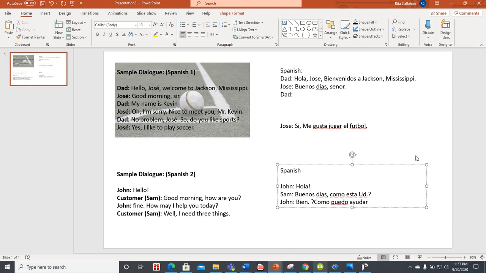I remember that when I have two verbs together, the first verb is conjugated and the second verb stays in the infinitive form. So I'm going to leave that in the infinitive form. And you will be right. May I help you? So the customer, since I used usted, I'm going to say usted. And then I remember that today means hoy. So I'm going to say hoy and then my question mark.